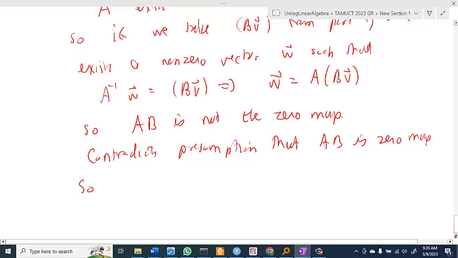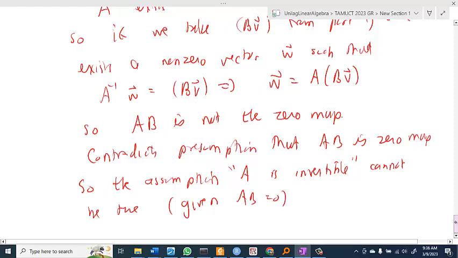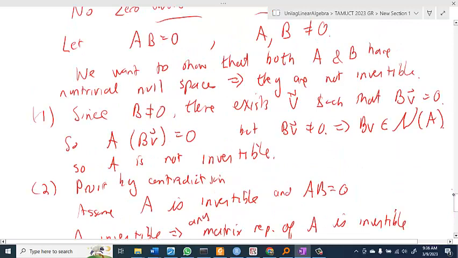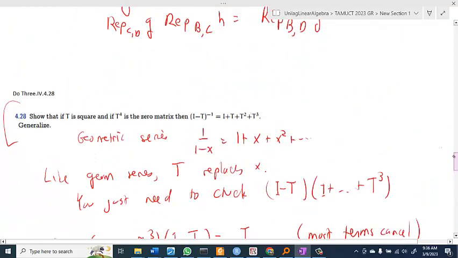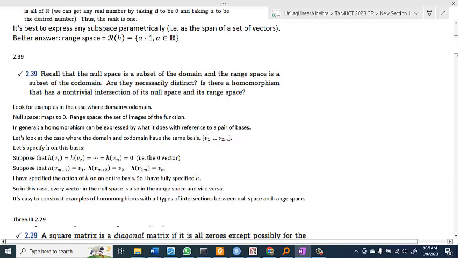The assumption that A is invertible cannot be true, given that AB equals 0. Now there may be an easier way to do that, and if I think for a while I might think of it, but that's one way to approach this. All right, so that's a bunch of problems to get you in shape and thinking about the exam. I will post these on the Google Drive and hope it's helpful.